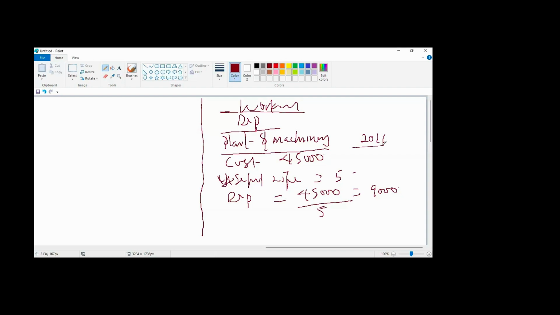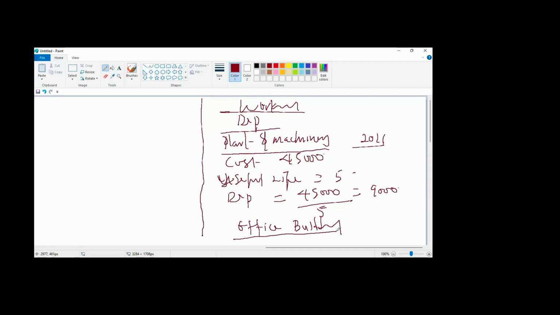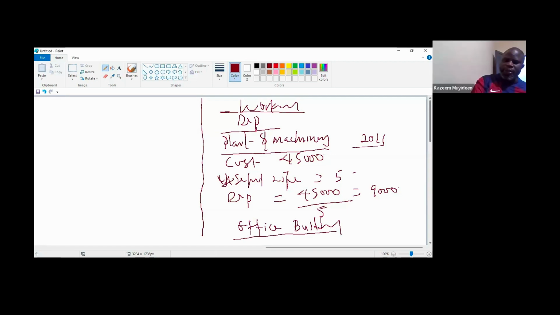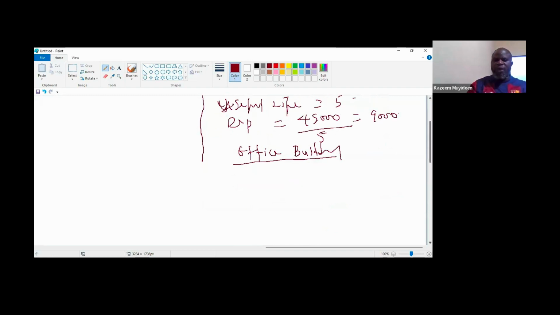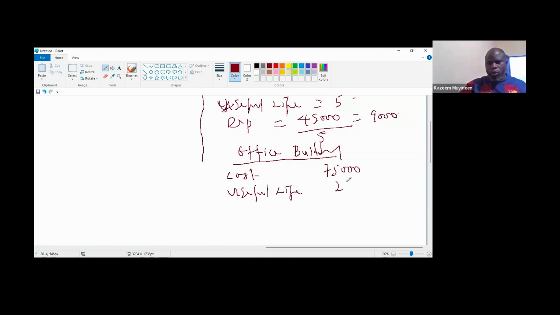Then for office building, the cost of the asset is 75,000. The useful life is 25 years.